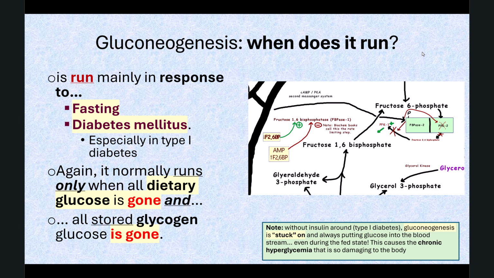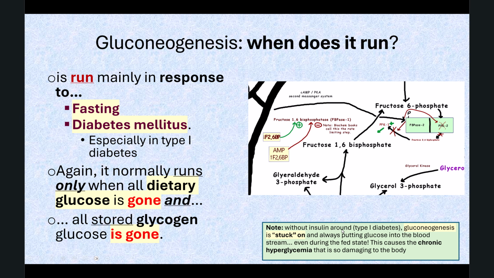When does gluconeogenesis run? So fasting, we're talking about fasting, or diabetes mellitus that's not treated. Type 1 diabetes, a kid who doesn't know they're type 1 diabetic, this can happen too. It's like they're fasting. We'll explain that in a while. Normally, it only runs when all the dietary glucose is gone and all the glycogen is gone.